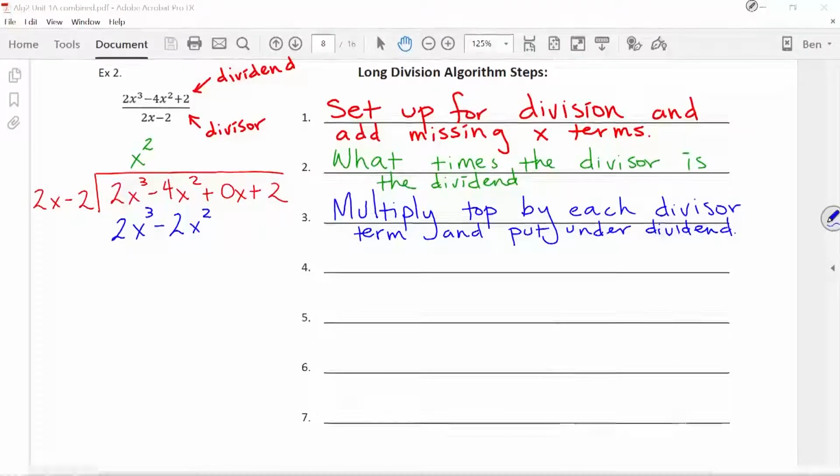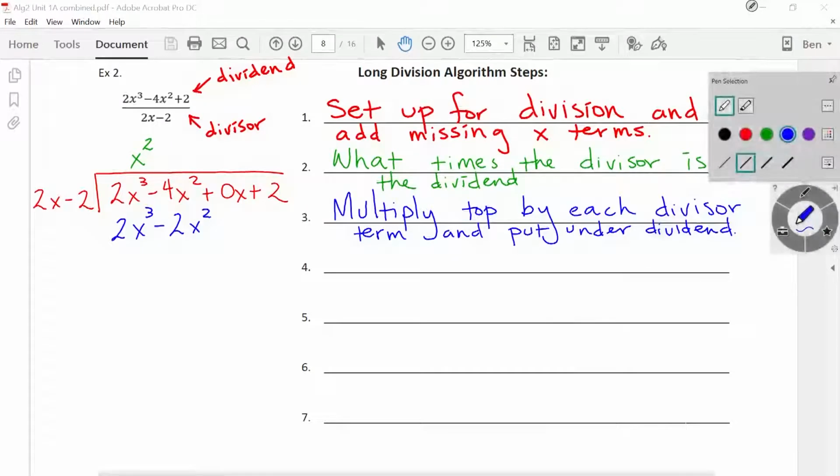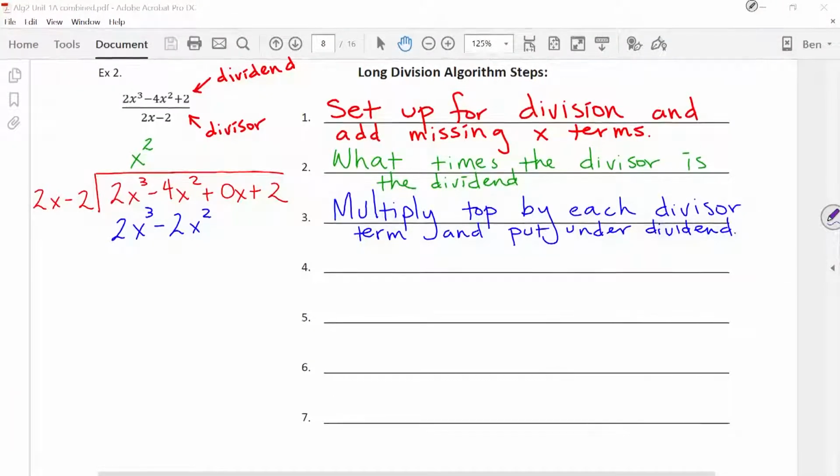All right, so I've multiplied that times every term in the divisor, and I've put those under the dividend. And notice I'm making columns of the same exponents to keep everything organized, because this will get messy, especially if you make a mistake somewhere. So I'm trying to be very careful in keeping it very organized. The next step is where you change all the signs and add.